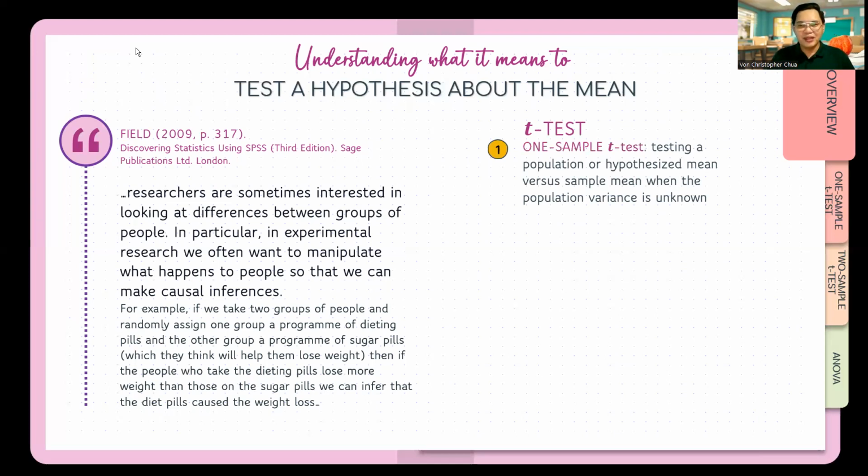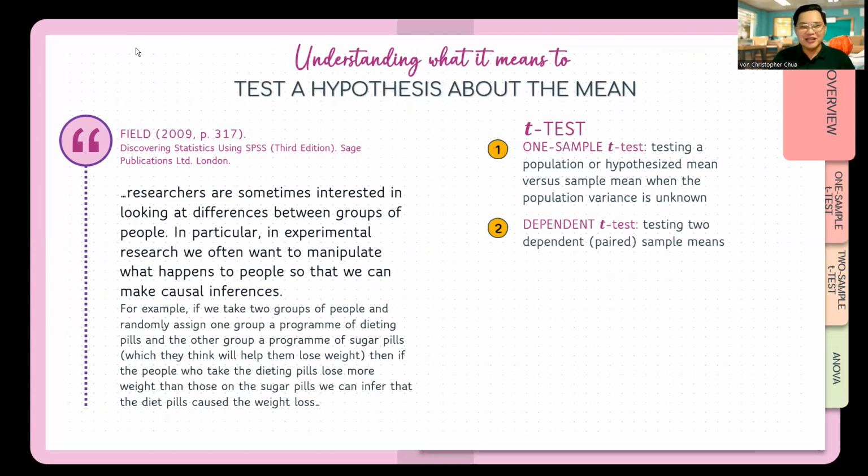So the first test that is a part of this discussion is the one sample t-test. The one sample t-test is used in testing a population or hypothesized mean versus the sample mean when the population variance is unknown. On the other hand, if you want to test whether two dependent or paired sample means are significantly different or not, then the appropriate test is the dependent t-test.